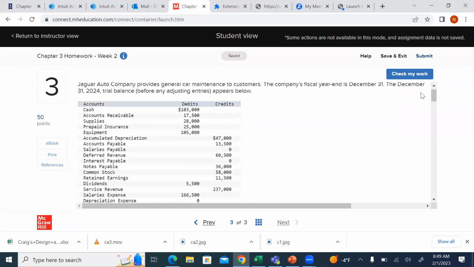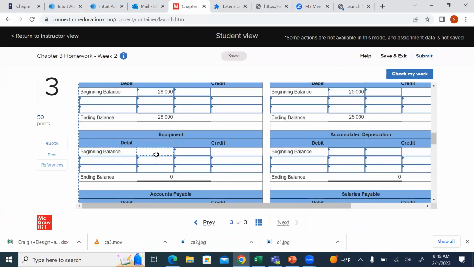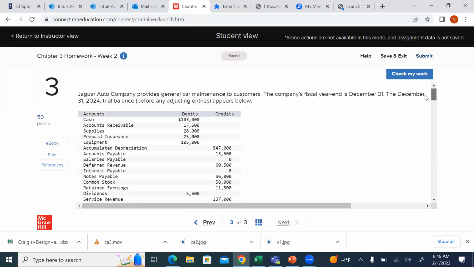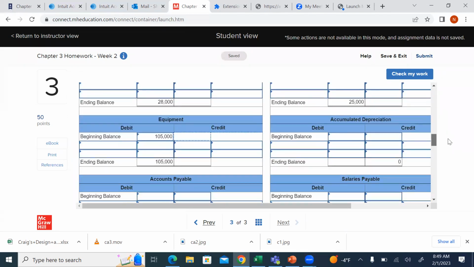Next, am I going too fast? Next, equipment, 105,000. Next, accumulated depreciation, $47,000 credit. This is where you can mess up. Make sure you go $47,000 credit.